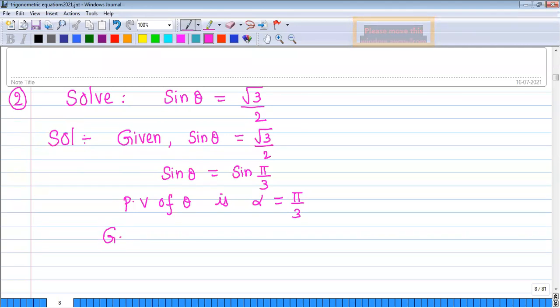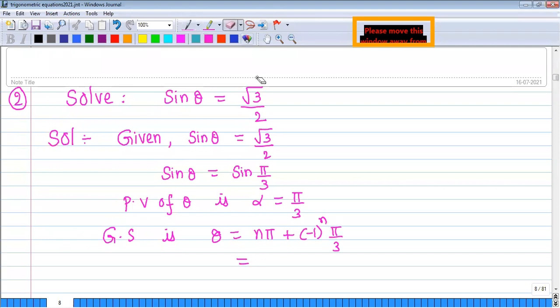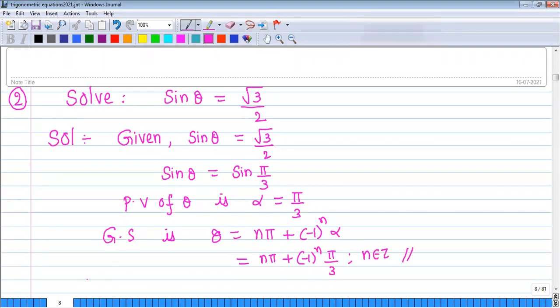General solution, GS: theta is equal to n pi plus minus 1 to the power of n into alpha. Alpha should be replaced by pi by 3, so n pi plus minus 1 whole power n into pi by 3, where n belongs to Z. That's all.